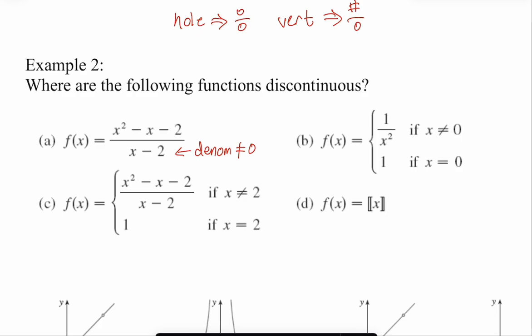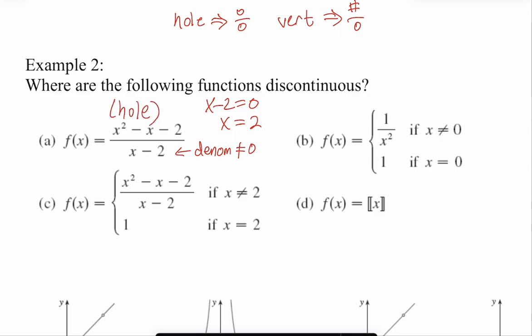For A, the hole occurs when x minus 2 equals 0, or at x equals 2. So A is a continuous function except at x equals 2. If you plug 2 into this function, you get 0 over 0, which tells me it should have a hole in the graph.